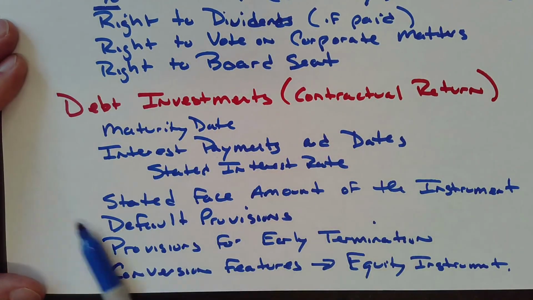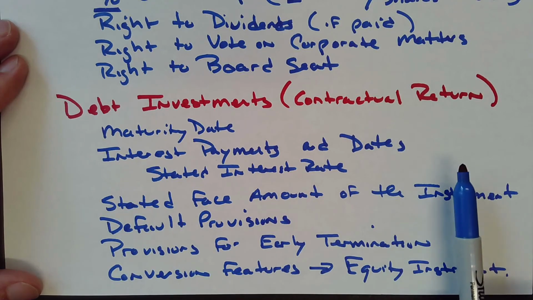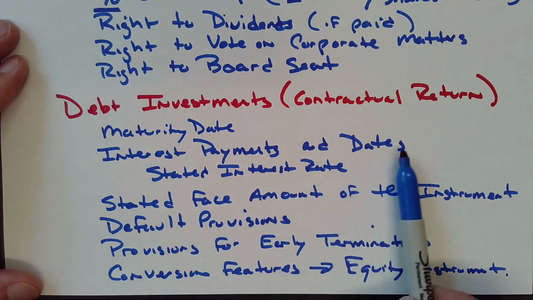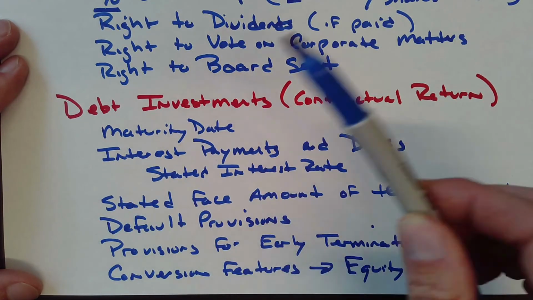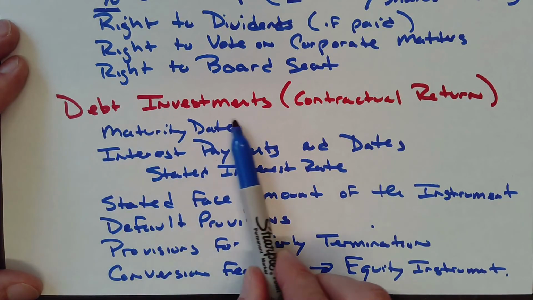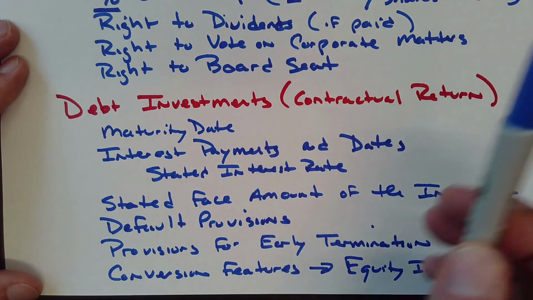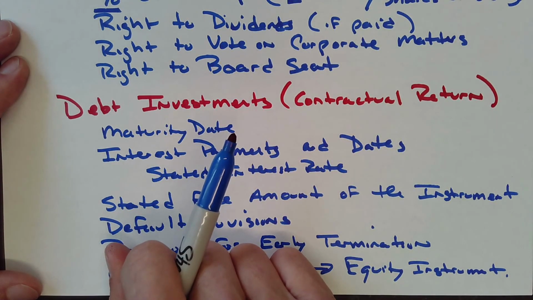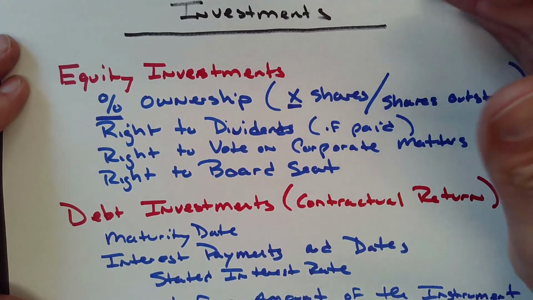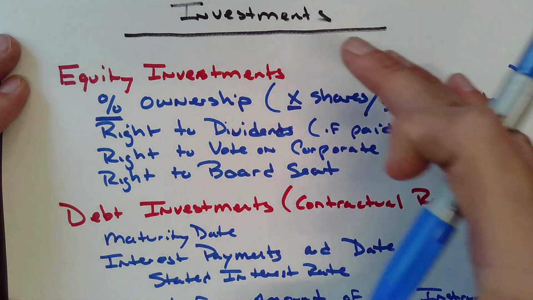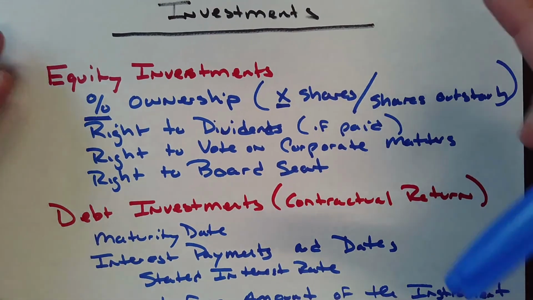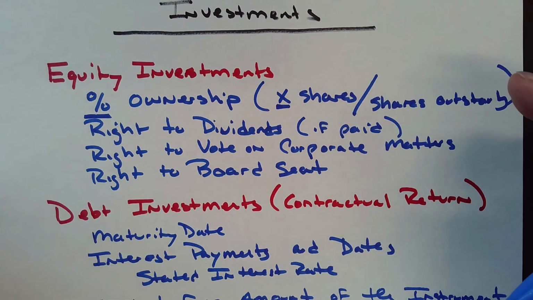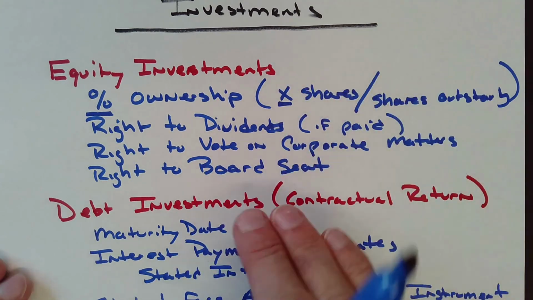I'd probably make some debt investments that are high quality, not really risky, and I'm going to get a little bit of a return from the interest, and that'll be fine. That way I know I'm not going to end up having this debt instrument decline significantly in value. It may decline in value, but it may not decline significantly. So all of these things, whether it's an equity investment or a debt investment, have certain accounting around them. There's specific accounting that you have to follow, whether it's an equity investment or a debt investment.